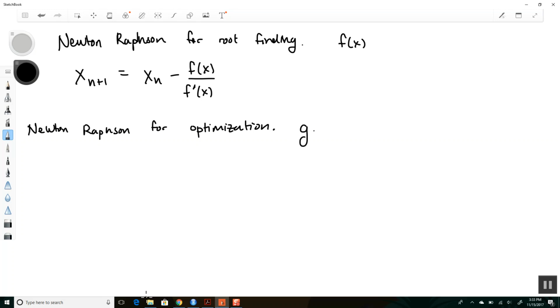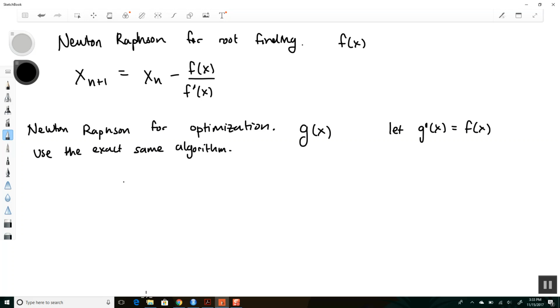So let's do, we want to optimize g of x, okay? And we'll say let g prime of x equal f of x. And we would use the exact same thing above, right? So use the exact same algorithm.